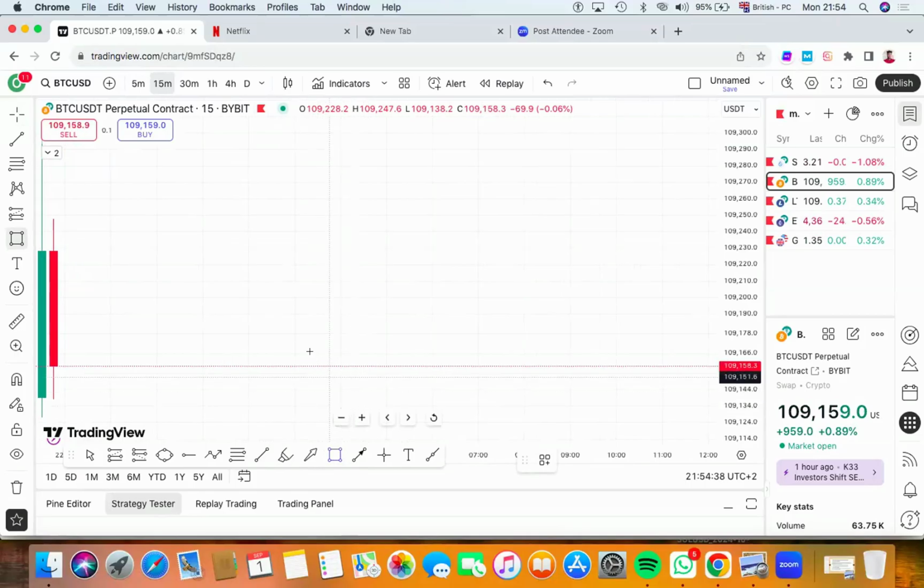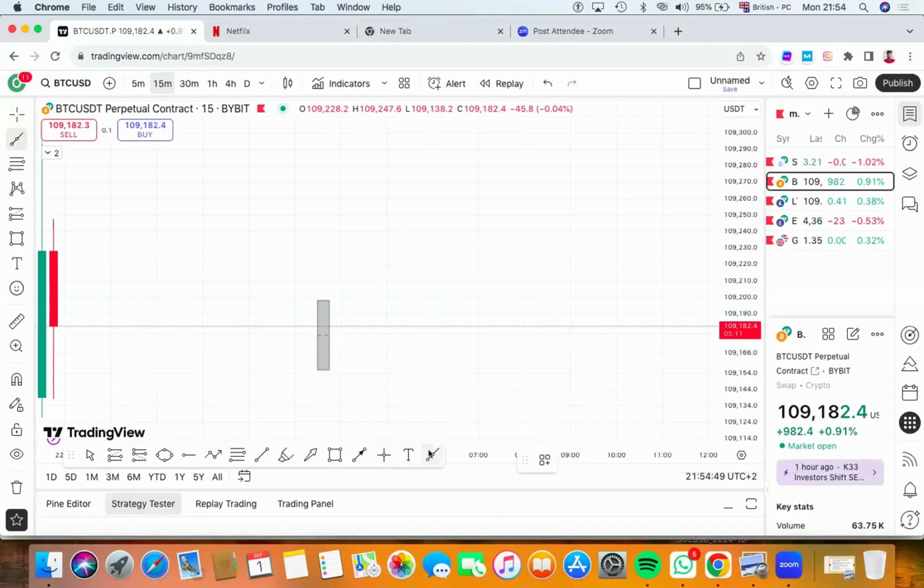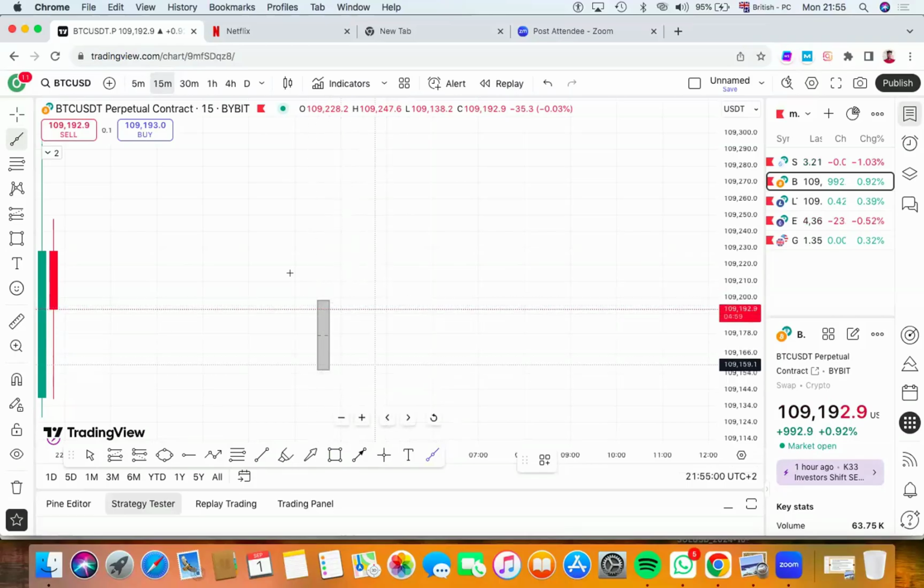A Marabozu candle is a big candle that has no wick at all, or a tiny wick. You have 3 types of Marabozu candle. One without the wick at all just has a huge body. It can be either a bullish candle or a bearish candle. So this is a Marabozu candle.